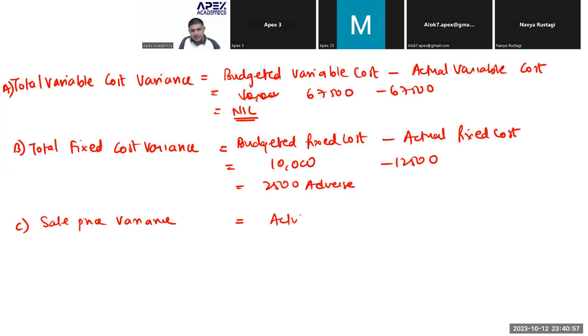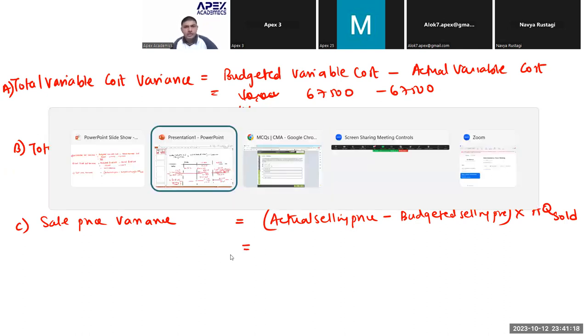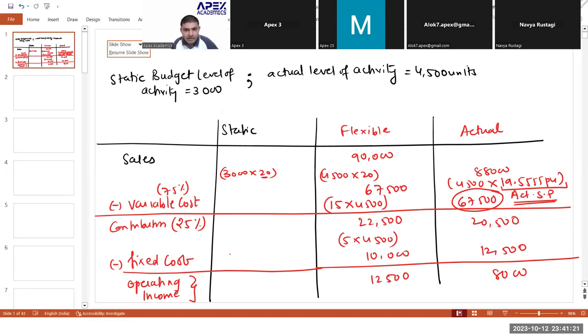Actual selling price minus budgeted selling price, multiplied by actual quantity sold. Now there are two ways of doing this. You can either take this to be 2,000 adverse straight away, or you can take it like this also.